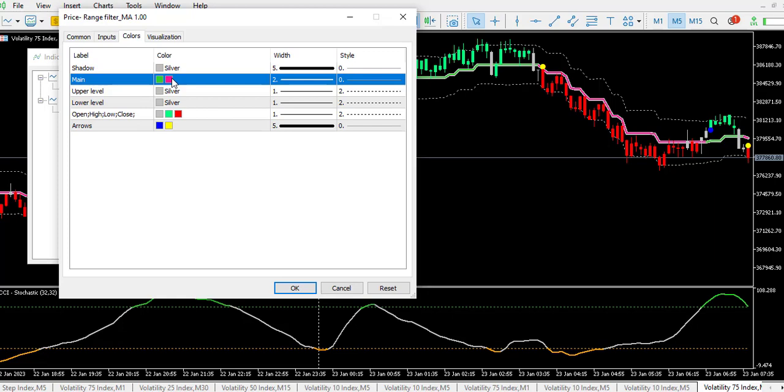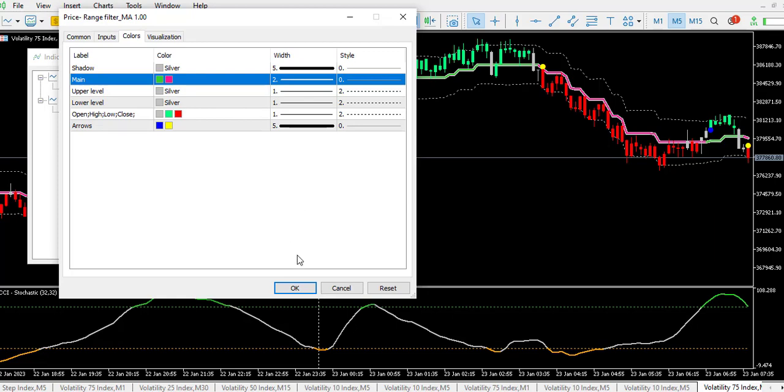The silver color, we have it here also. And this yellow here is the color, the blue and the yellow. This is where you set it up, and if you want to change the color, you can do that here. And if your setting is okay, then just click OK here.